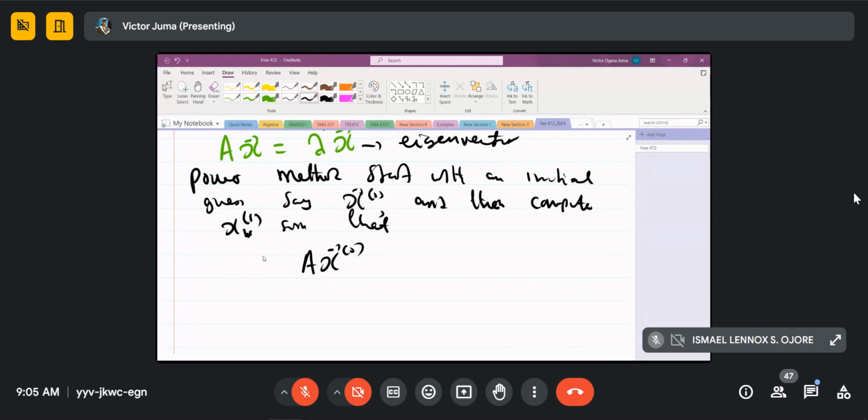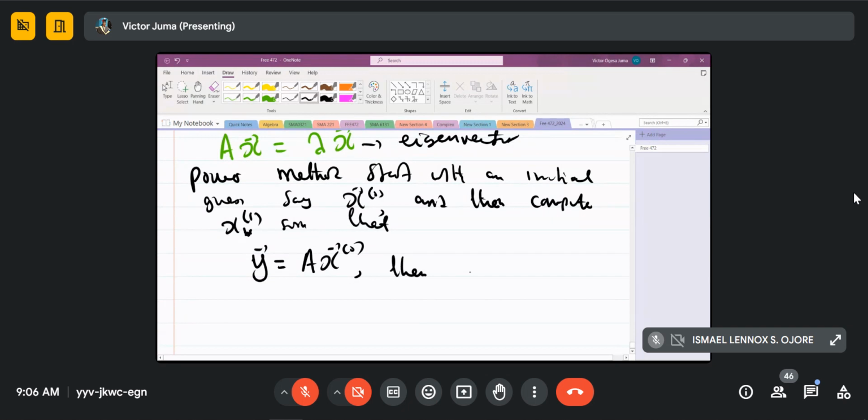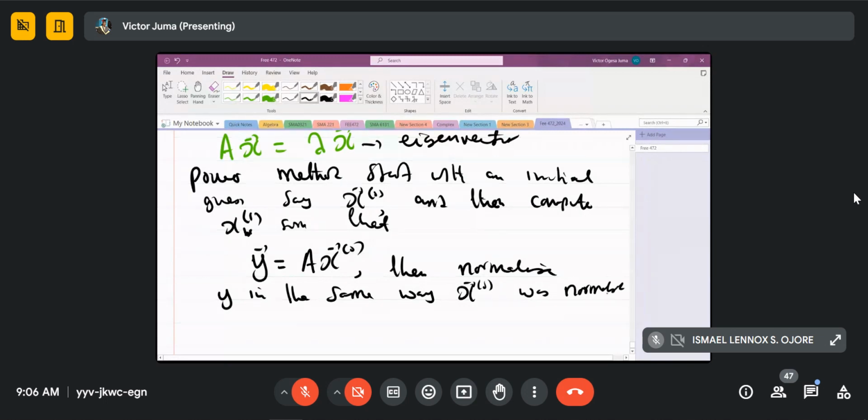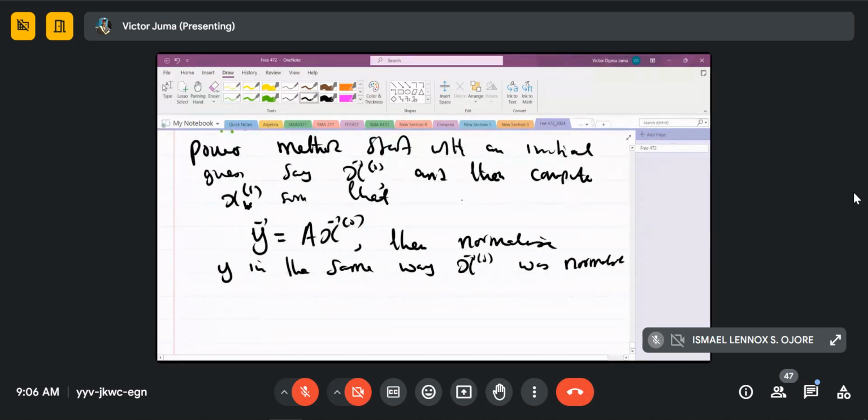So what I wanted to do is, first of all, you get vector y, then normalize y in the same way x0 was normalized. For example, if it's a vector of 3, you can assume you're normalizing with the first variable.